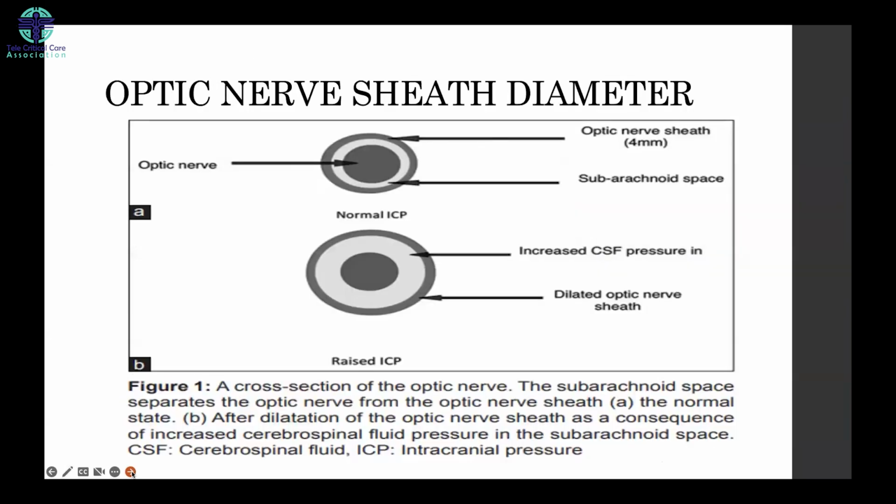Now, as we have discussed how the optic nerve sheath diameter expands with the rise in the ICP, when there is an increase in the CSF pressure in the subarachnoid space between the optic nerve sheath and the optic nerve, there is an increase in the optic nerve sheath diameter. The usual diameter is around 4 millimeters.